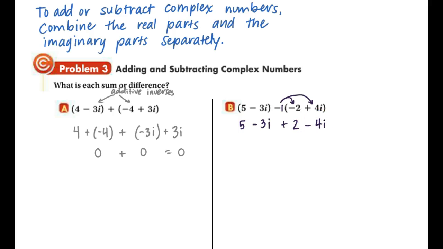Now I want to sort the like terms, so I'm going to have 5 plus 2 minus 3i minus 4i. Just make sure that the signs in front are staying with the numbers. From there, I just need to combine the 5 and the 2, so 5 plus 2 is 7, and then combine the imaginary numbers, and that would be minus 7i. So the simplified version of the original expression is 7 minus 7i.